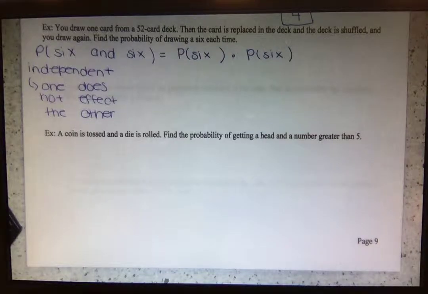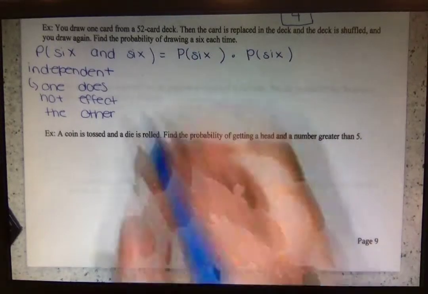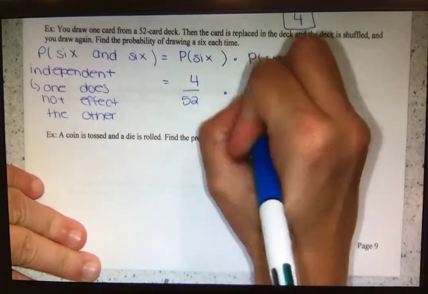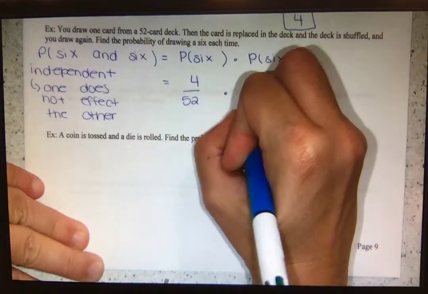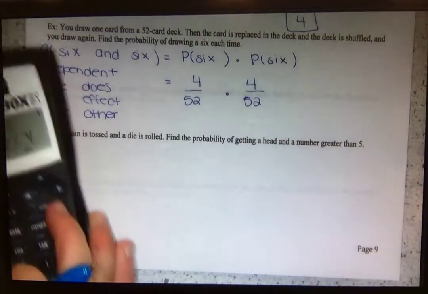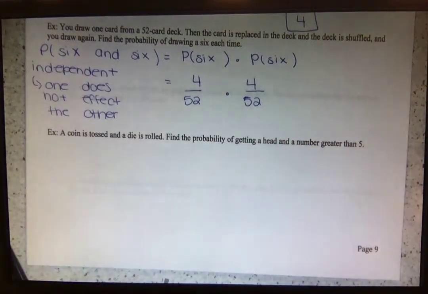How many 6s are in a deck of cards? 4. So 4 out of 52 cards total. And then again, we'll have 4 6s out of 52 total, because if we got a 6, we're putting it back and shuffling it. So we still have all 52 cards, all 4 6s.